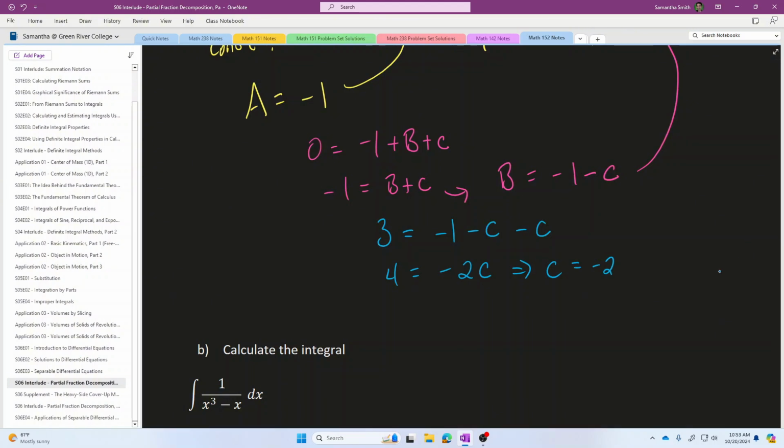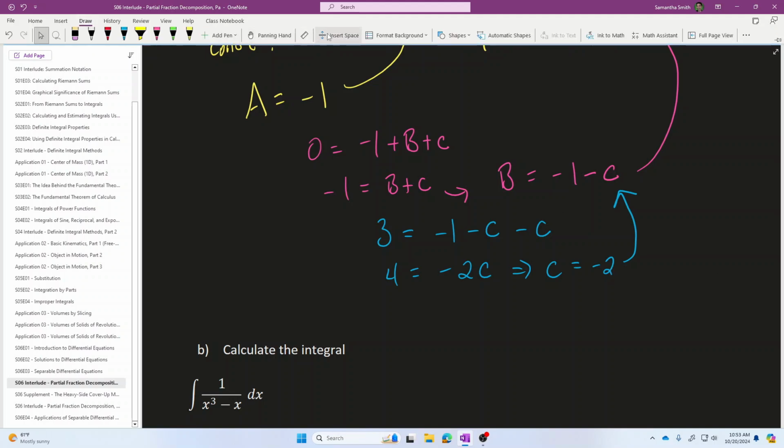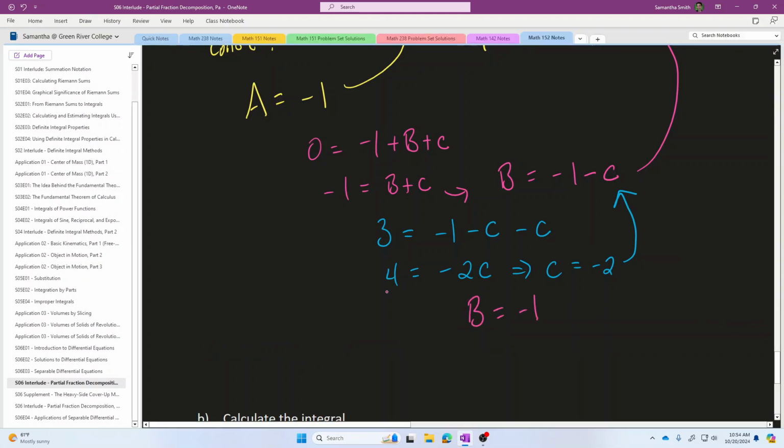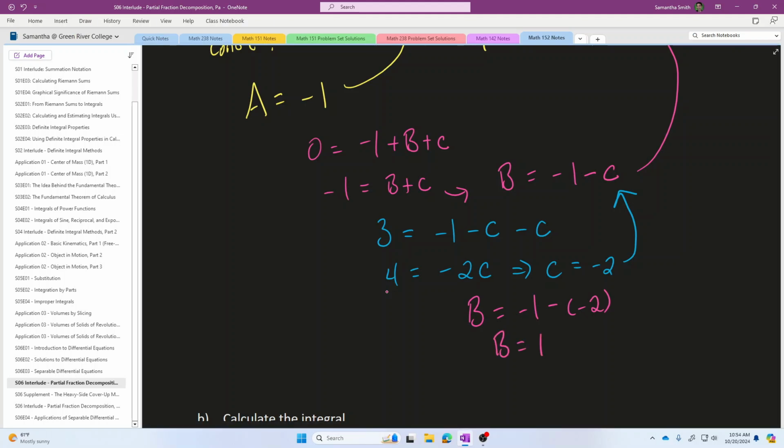And finally, I can substitute that back into this equation to find the value that b must be equal to. B must be equal to minus 1 minus negative 2. The value of b is positive 1.